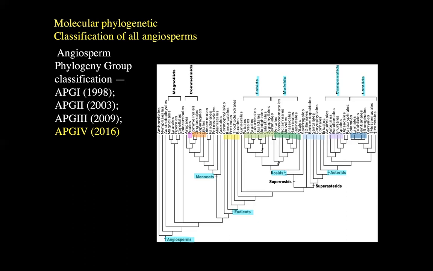Angiosperm itself, right, is a monophyletic clade, meaning that flowering plants evolved once. All the flowering plants that we see today share a single common ancestor. Okay, so I'm starting from the bottom of this diagram and kind of talking my way up. So there is a single species placed in the Amborellales, that's on the left, kind of oriented vertically.